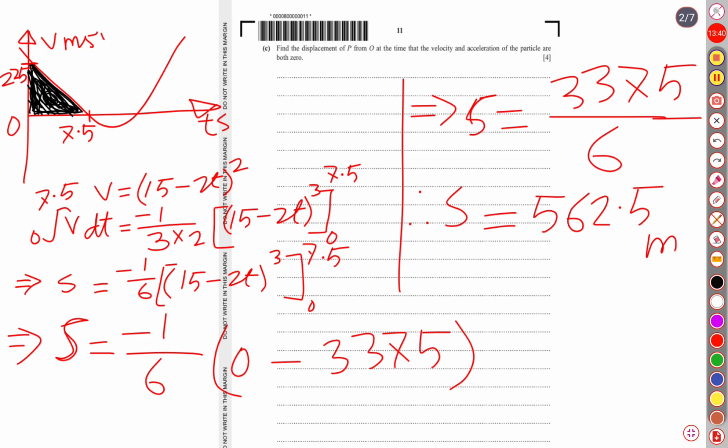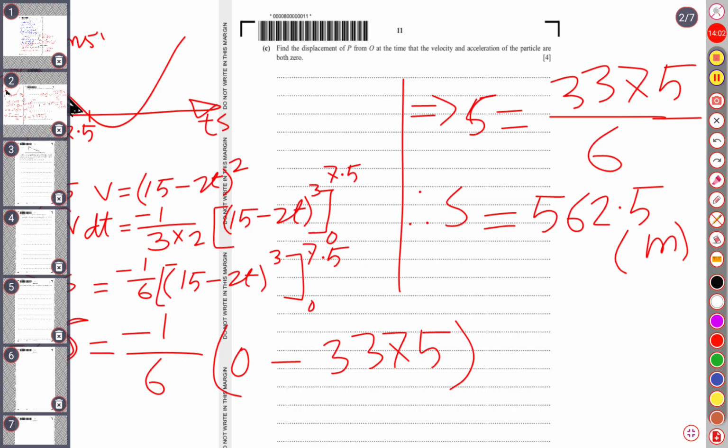So this is the distance traveled by the particle starting from 0 until 7.5 seconds. So this is the solution to the question of C, and as I have told, it's one of the easiest and simplest of all questions of this paper.